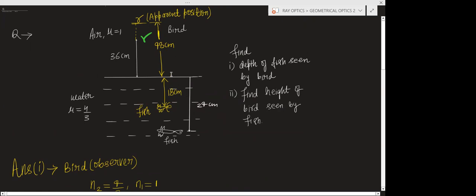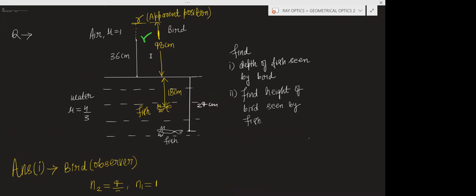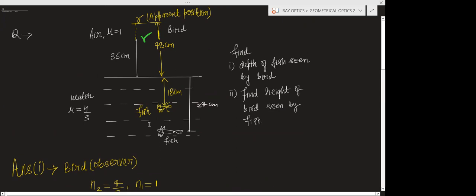Actually, there is a little bit of confusion here, because the fish is here. Think in terms of the fish. This fish is watching the bird here, but for this fish the bird is here at a height of 48 centimeter.